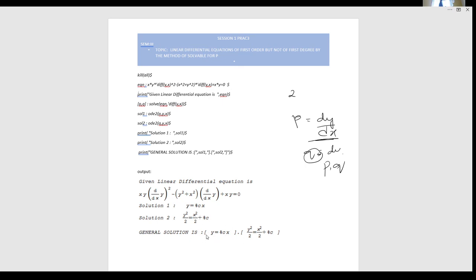This is the method of solvable for P. Actually, in that method, when we consider dy by dx as P, we have got P square x into y minus y square plus x square into P plus x into y is equal to 0. We have got that equation, and thank you.